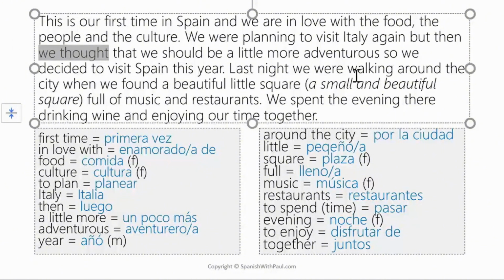That we should be a little bit more or a little more adventurous. Now this is referring to identity, because you can be described as an adventurous person or an adventurous couple in general. So we have pero luego pensamos que deberíamos ser un poco más aventureros. Again, we have aventurero, but because we are still referring to we, aventureros.